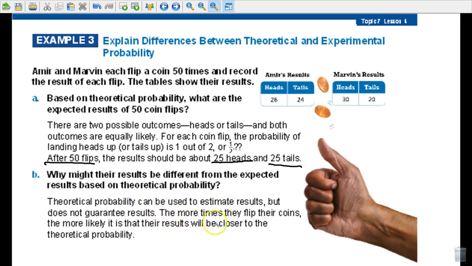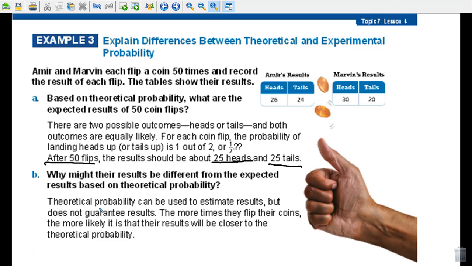But the more times they flip their coins, the more likely it is that their results will be closer to the theoretical probability. Like we said in example two, the more repetitions we do, the more times we flip this coin, the closer it should get to that 50% of our theoretical probability. Does everybody understand? Good, got it, great.